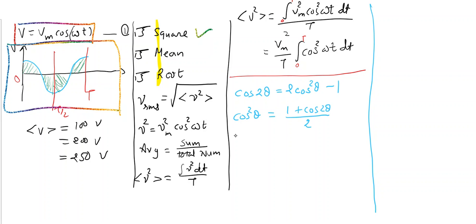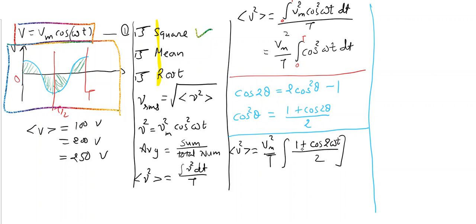Okay, and this is what we'll be using here. Why? We'll come to know soon why to do this. So Vm square by T and integration 1 plus cos 2 omega t by 2 into dt. Limit of integration is from 0 to capital T. Check here, instead of theta we have omega t.